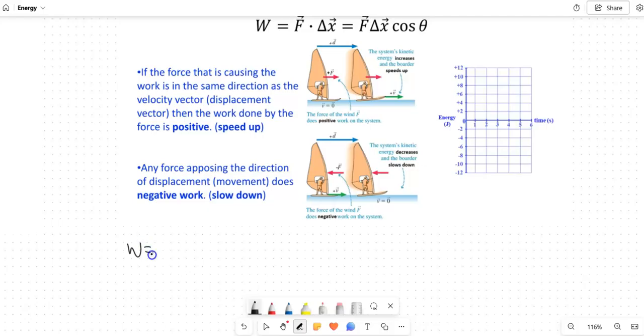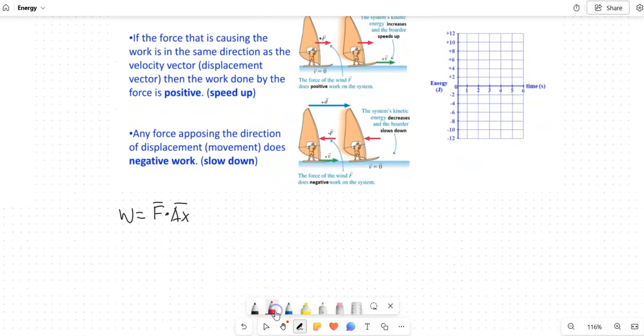So work, again, is equal to force times displacement. Let's not worry about the cosine so much, okay? But those are vectors, okay? So if a force is to the right, it's got a positive direction to it. And if a displacement vector is also to the right, that's also a vector, right? Well, force is equal to mass times acceleration.